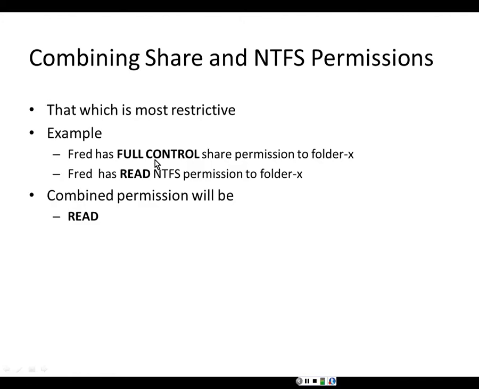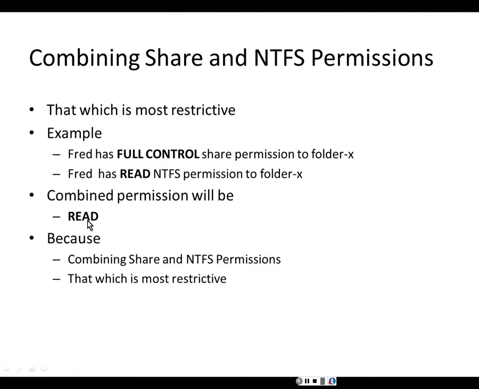Fred has the full control share permission to folder X. And Fred also has the read NTFS permission to folder X. When we combine share permissions and NTFS permissions, we get that which is most restrictive. So in this example, Fred would just have the read permission, because when you combine share permissions and NTFS permissions, you get that which is most restrictive.